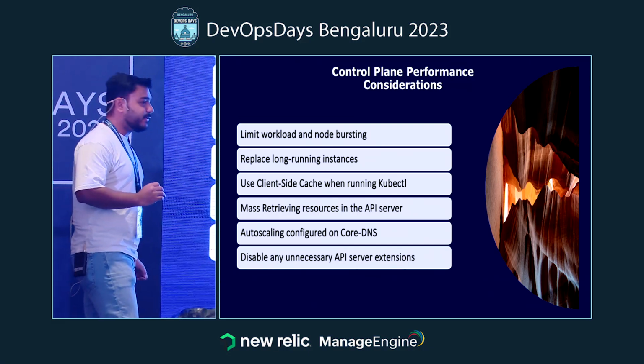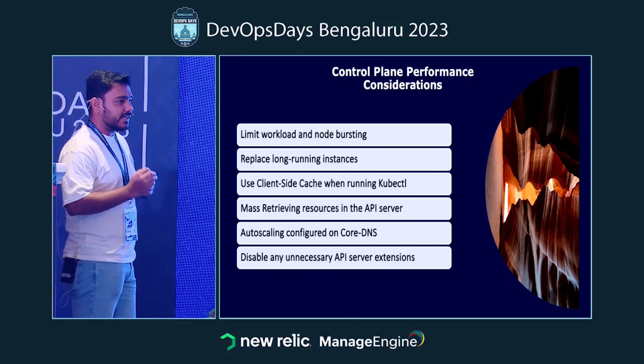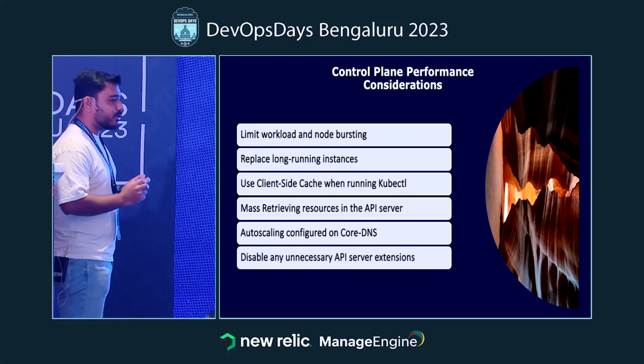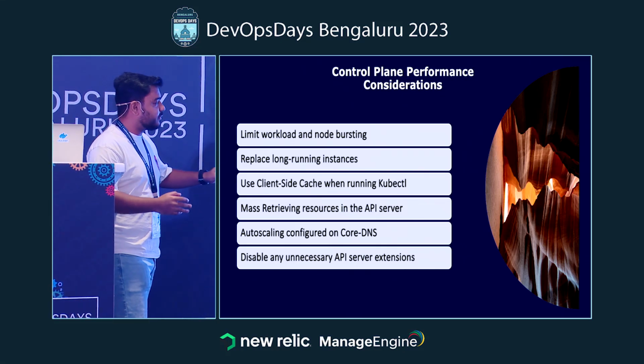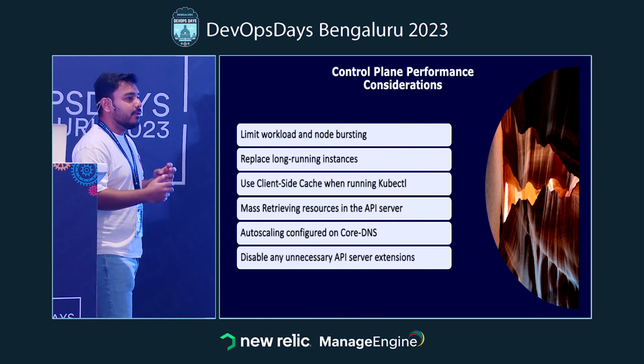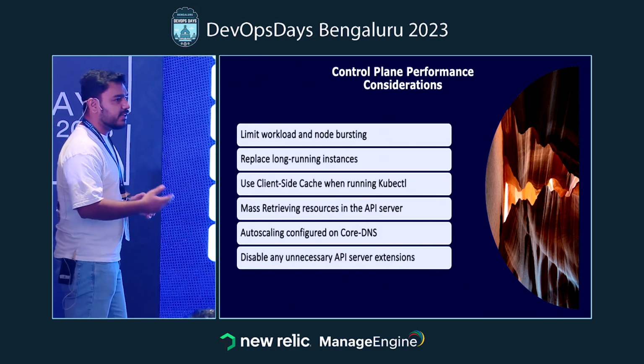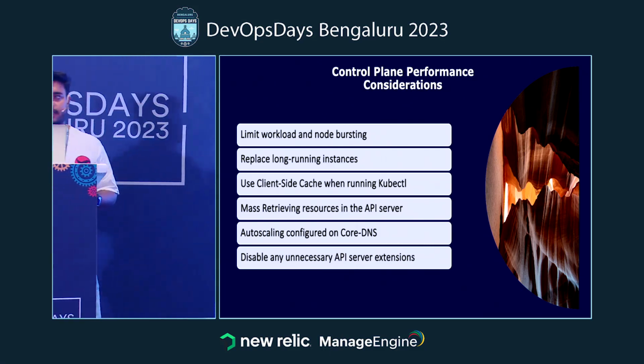So make sure you run this command in a caching-enabled way, or you should be scaling. If you are running it one time, make sure you are not running any complex query, which is even heavier, loading the kube API server and exhausting the resources.